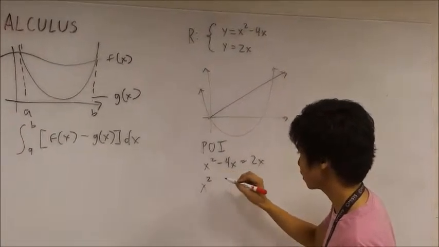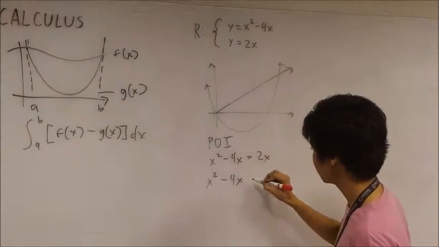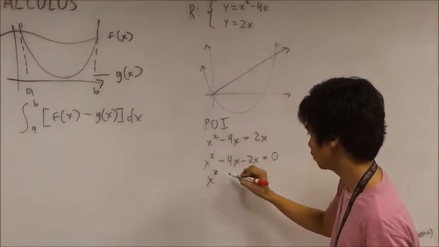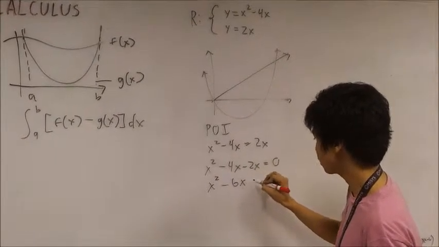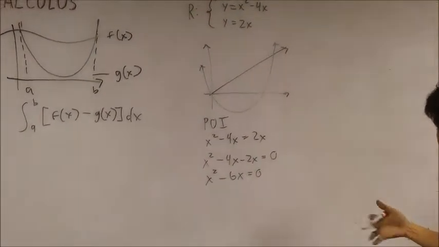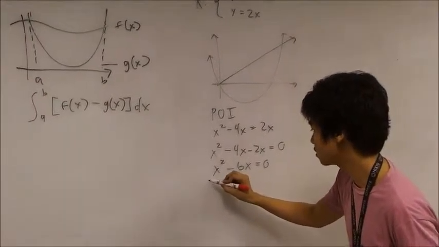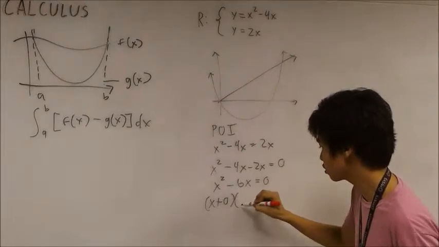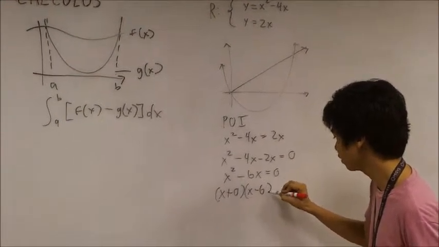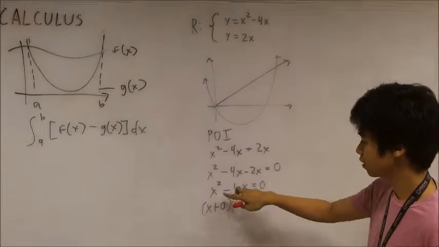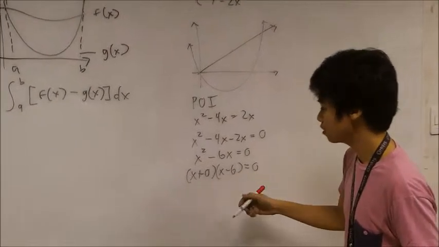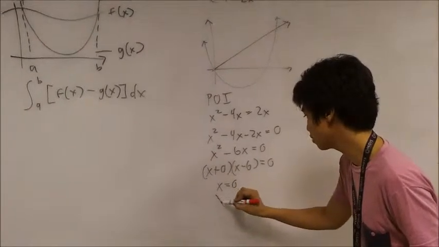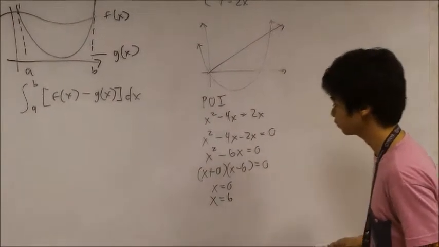We can do it as x squared minus 4x minus 2x equals 0. Or if you simplify it, it can be written as x squared minus 6x equals 0. Now if you change its form, it can also be written as x times x minus 6 equals 0. This is basically the same. So if we have this, we can solve for x. x can be x equals 0, or it can also be x equals 6.